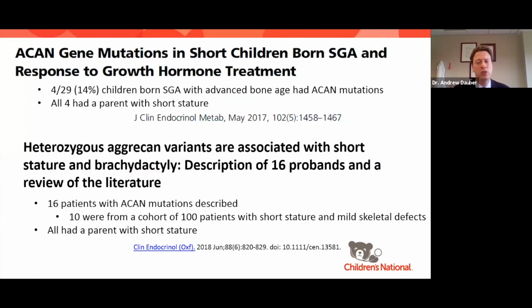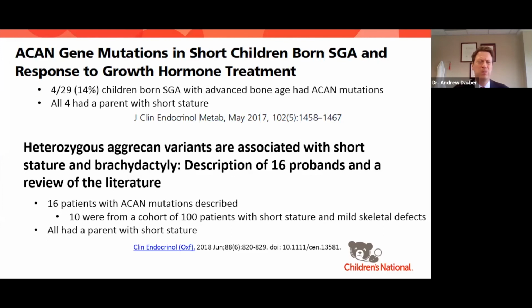And now there have been multiple other papers. I've just put 2 here. One showing a group of patients who were born small for gestational age with advanced bone age, that 14% of them had Aggrecan mutations. Another looking at children with short stature and mild skeletal defects, also showing that around 10% of those had Aggrecan gene mutations, slightly less.